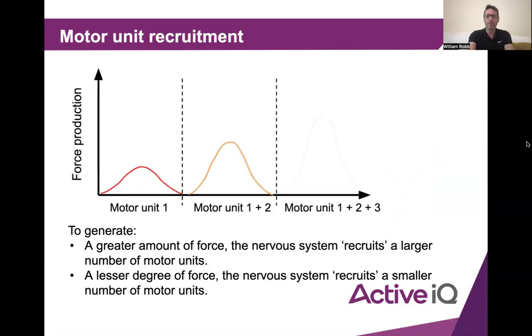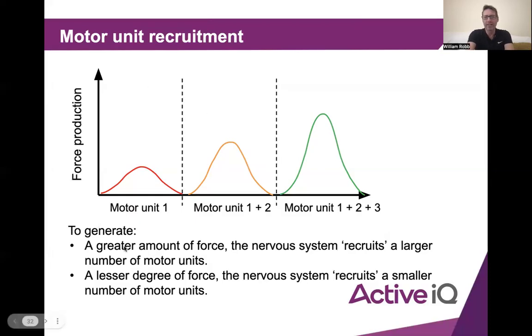Okay, so if you think back to your muscle fiber types, how many muscle fiber types do we have? Can you remember? If you're saying 3, then we're good to go. Remember type 1, type 2A, and type 2B muscle fiber types. So let's look at how the motor units are recruited.